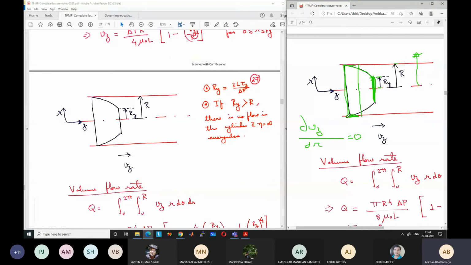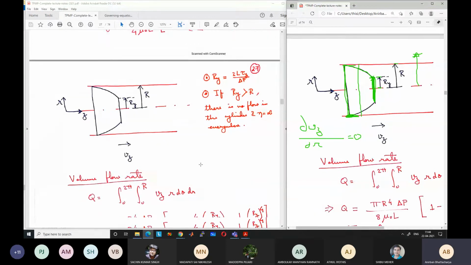So finally, you can find the volume flow rate by doing the same integration as previously, going from 0 to 2 pi and 0 to R, Vz r d theta dr, based on the cross sectional area. I am not going to repeat this part; I leave it to you as an exercise.